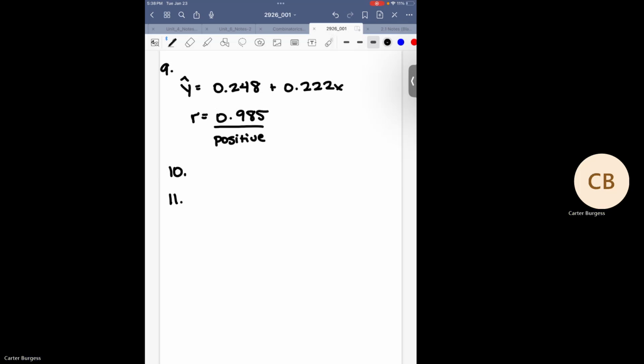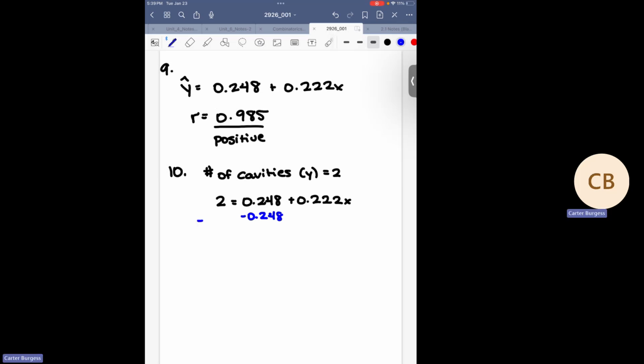And so substituting in number of cavities, which again is a y value, we can say that 2 should be equal to 0.248 plus 0.222 times x, and solving for x, this is going to be 1.752 is equal to 0.222x, and then dividing both sides.